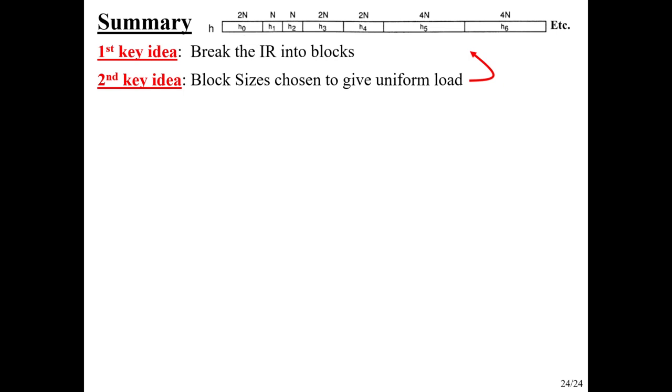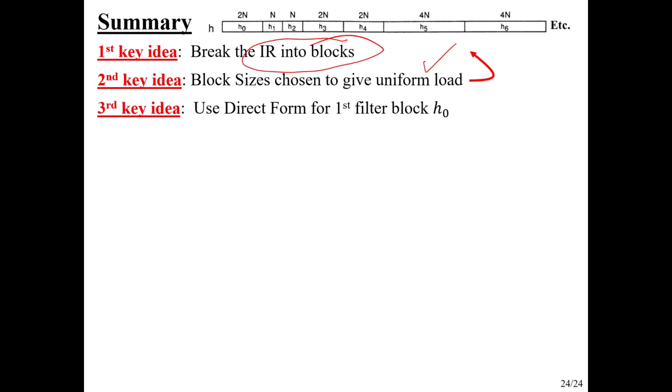Second key idea is that we have to properly choose how we break the impulse response into blocks. And this will give us a nice uniform load performance, not necessarily minimum computation, but we'd rather have the uniform load.